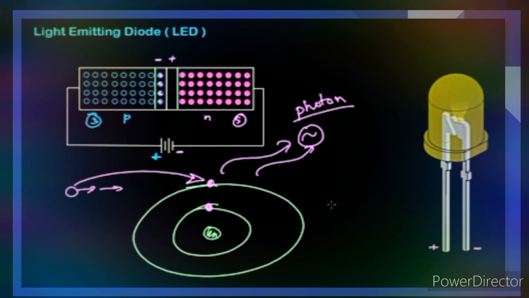In a similar way, holes from the P side recombine with electrons in the depletion region. Because of the recombination of free electrons and holes in the depletion region, the width of the depletion region decreases.